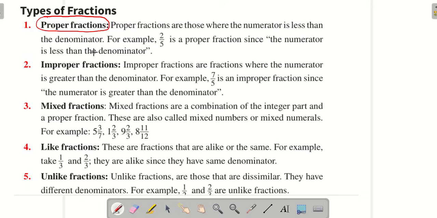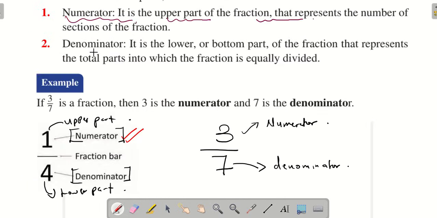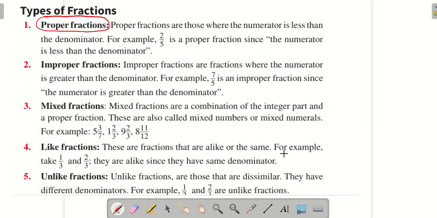In our previous section, we looked at the numerator and the denominator. So here we are saying that for a fraction to be a proper fraction, the numerator must be less than the denominator. An example is 3 over 7.